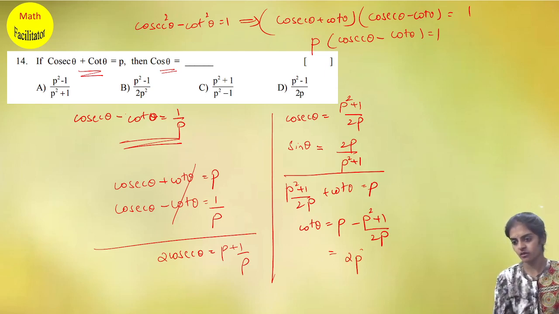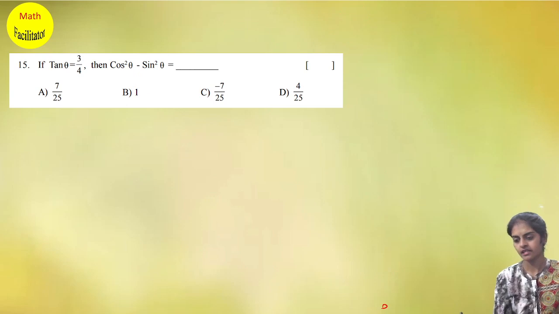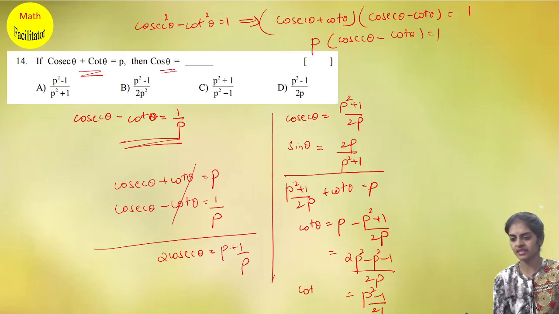So it is (2P square minus P square minus 1) by 2P. So the final answer will be (P square minus 1) by 2P. This is nothing but cot theta.